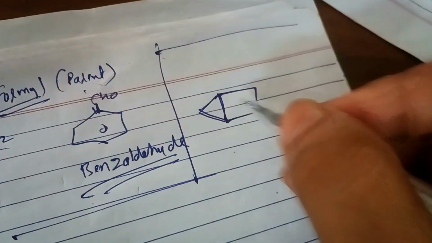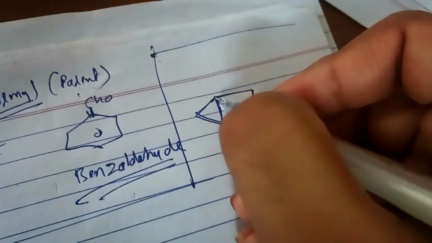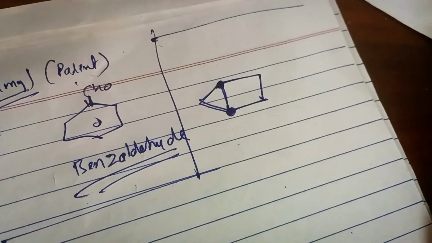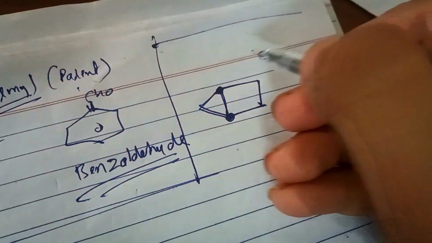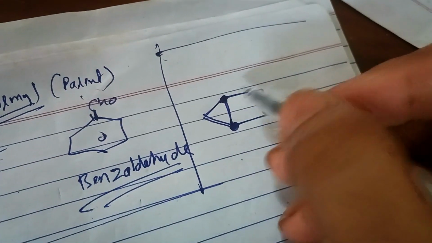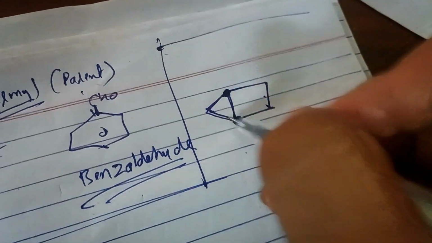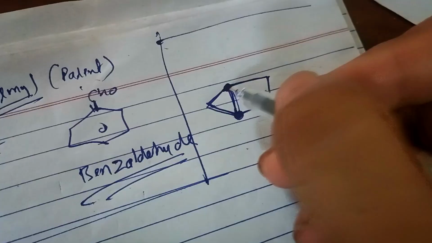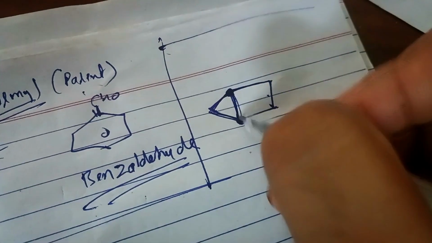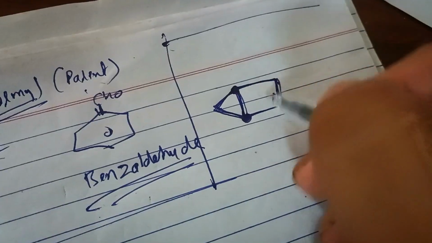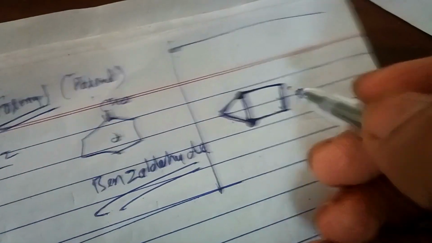So we have to start numbering like this. First we have to see where the bridge carbon is and start numbering from there. We move from the larger ring, since it is bicyclic, and it is a cyclopropane and a 4-membered ring: this is the 3-membered ring and this is the 4-membered ring.